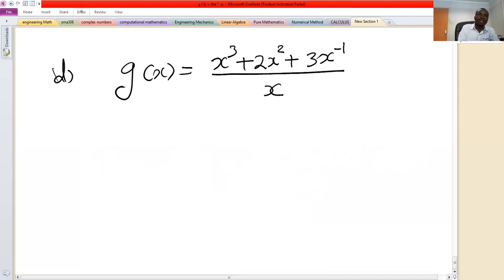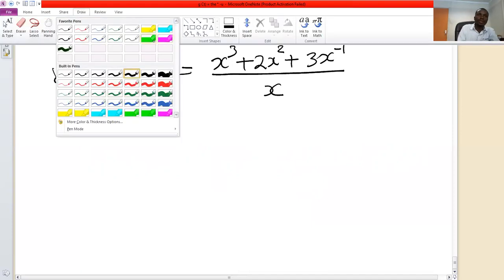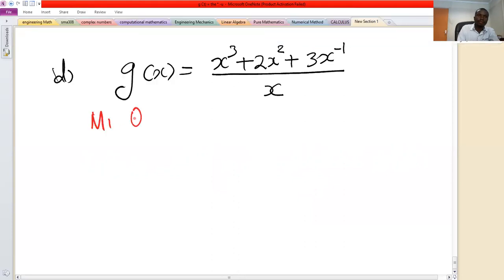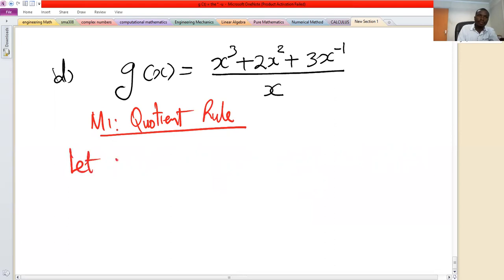So the first method is to use quotient rule. So we let u be x cubed plus 2x squared plus 3x minus 1 and v be x.